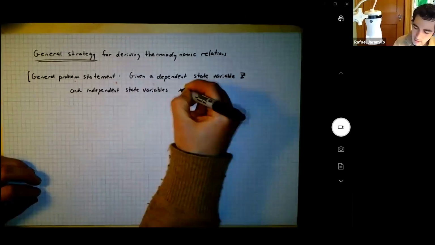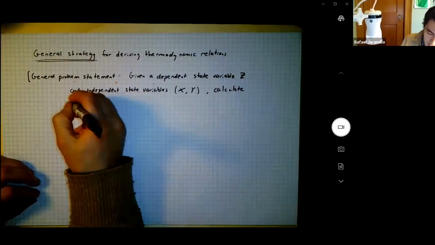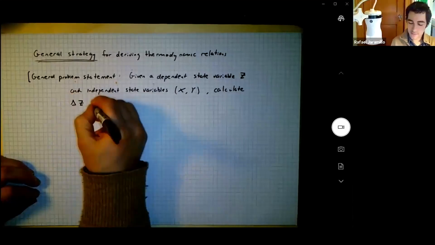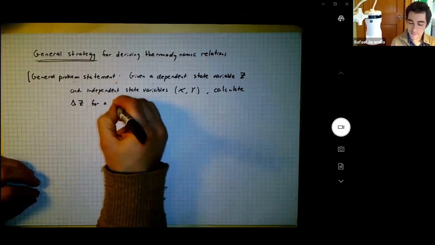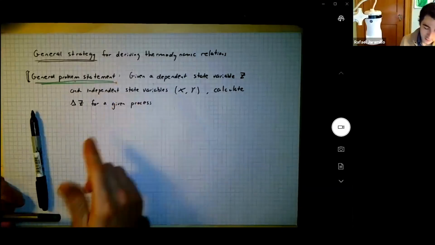All right, so this is a word problem. Probably half of all thermal problems boil down to something like this. There's some dependent state variable, which you identify through the problem statement. There's some independent variables, which usually you're not told. You figure them out through the problem statement or the situation in hand, and you want to calculate the change for a given process. So what example are we going to do?